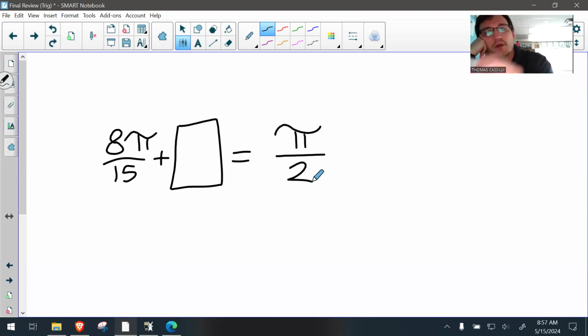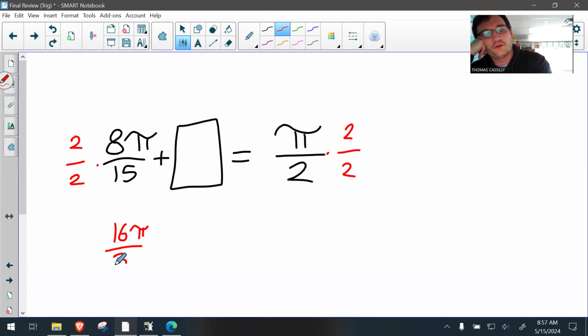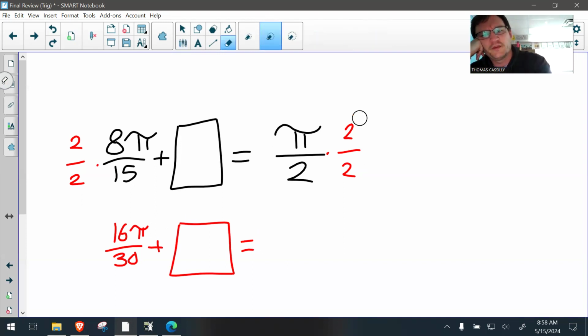That gets kind of ugly. Here's what I'm going to do. I'm going to make everything over 30. So I'm going to multiply this one by 2 over 2. That's going to give us 16 pi over 30 plus what is equal to, see, I messed up. I need a common denominator, so I need to multiply this one by 15 over 15.